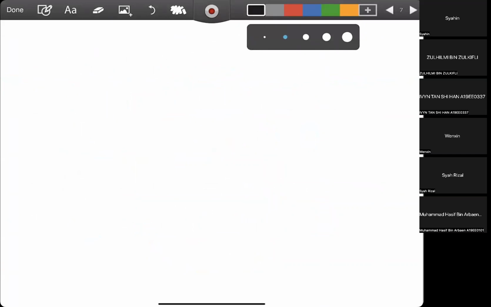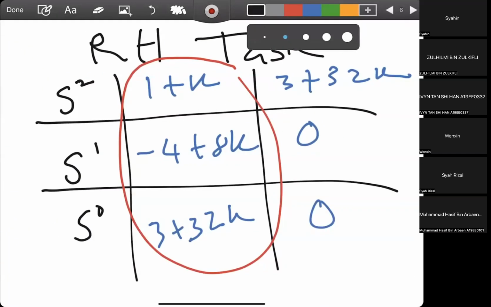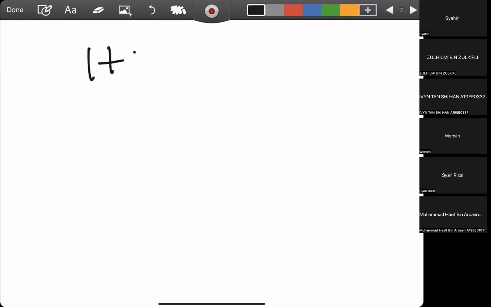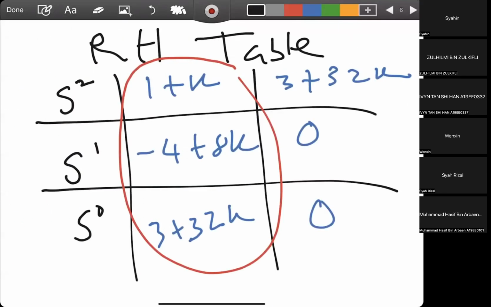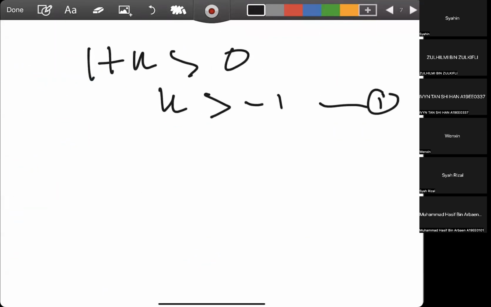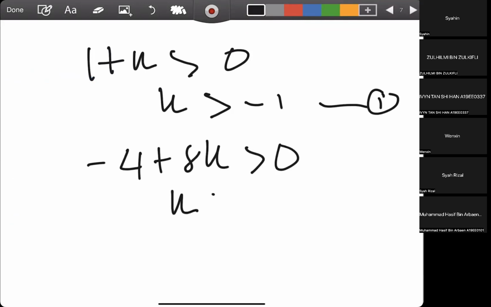So the first column just now, how much? 1 plus K greater than 0. Okay. Then next, minus 4 plus 8K, K is greater than half.